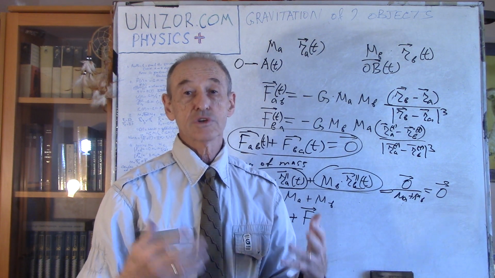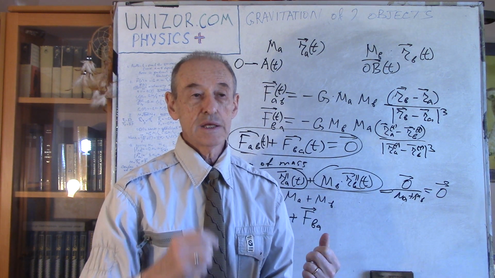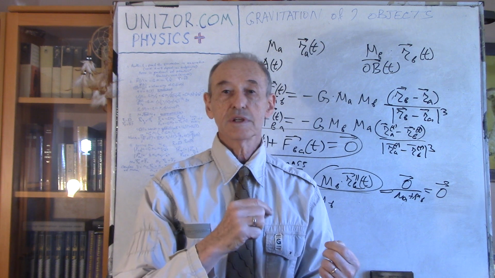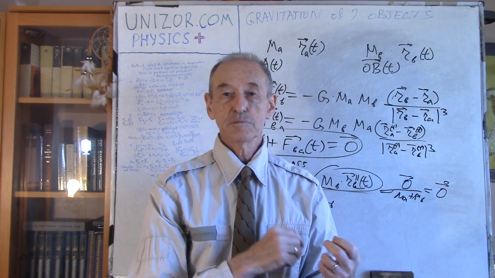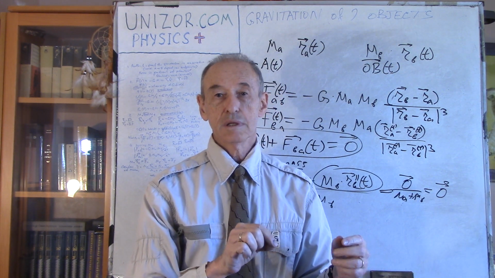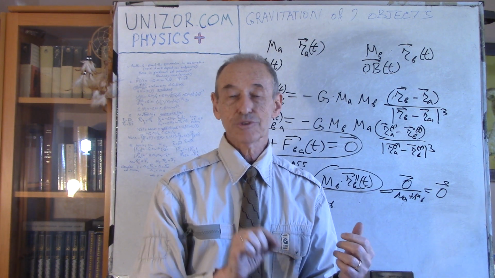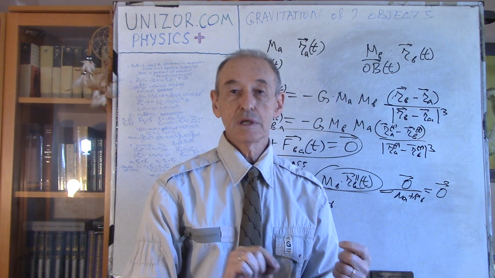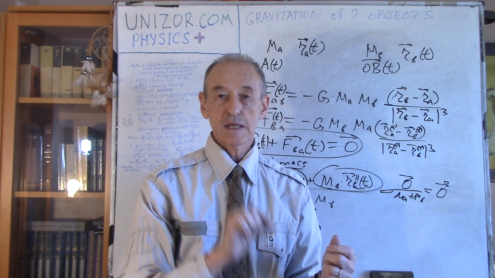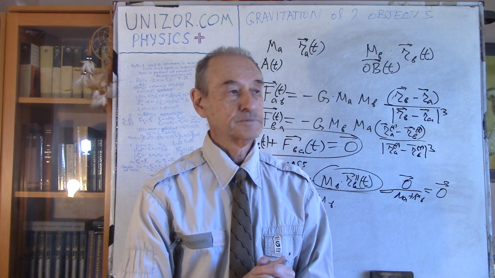And if our inertial coordinate system, inertial reference frame, is basically such that we position it at the very center of mass between these two and let them do whatever they want, then this point will remain in place, basically. It remains at the origin. So if in the very beginning we put our inertial frame in the center of mass, then the center of mass will stay still, basically.